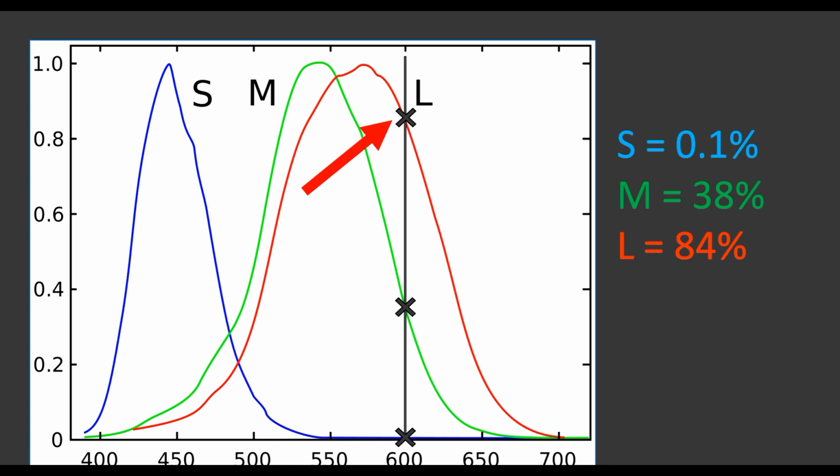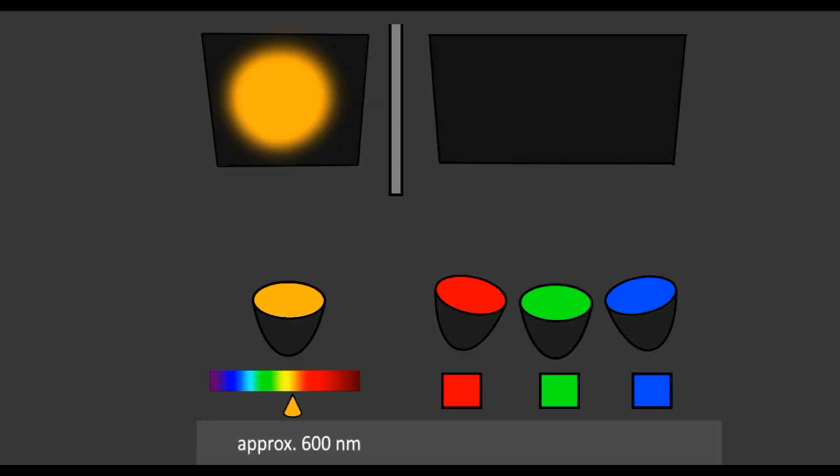The interesting part is that we can also achieve the same level of stimulation of each type of cone using separate wavelengths. Let's say we decide to mix the following wavelengths as our primaries: 700 nanometers as red, 546 as green, and 435 as blue.